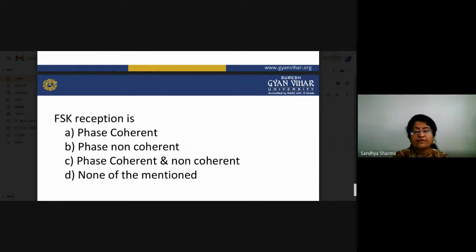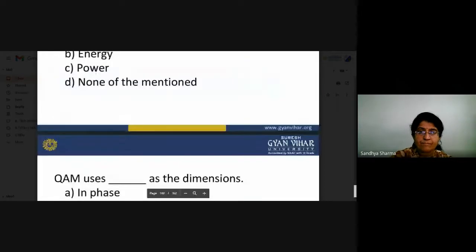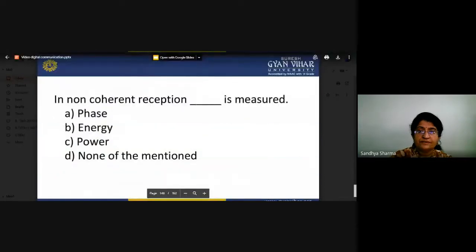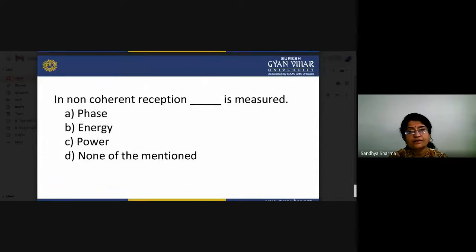Generally in FSK we work with non-coherent demodulation techniques. Non-coherent reception. If you are working on non-coherent reception, you have to measure the phase, energy and power. So you can opt for the energy.